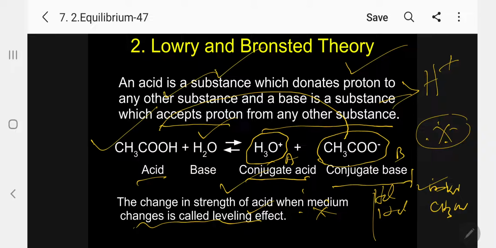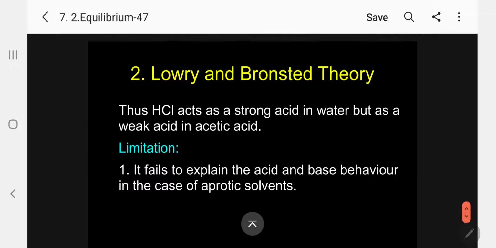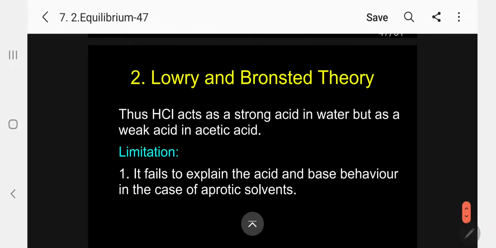HCl in water will be more acidic, HCl in acetic acid will be less acidic. This is changing the level of the acidic strength, so this is called the leveling effect. Thus, HCl acts as a strong acid in water, but as a weak acid in acetic acid. Just now I informed you.